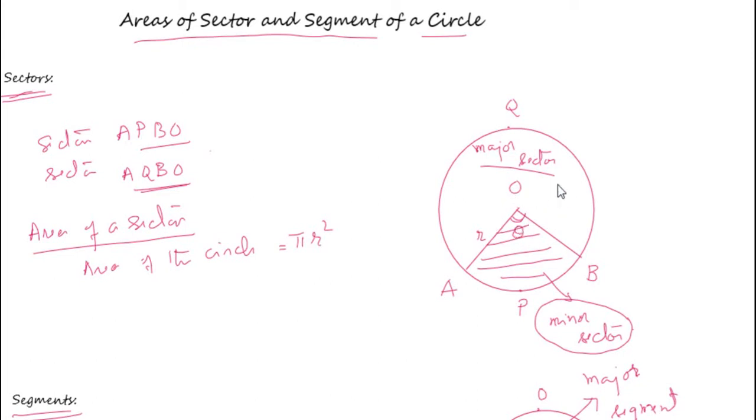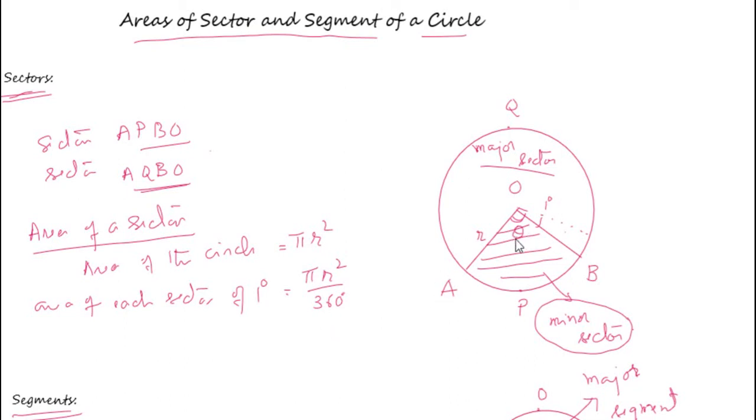Now if we divide this entire circle into 360 sectors of 1 degree each, then the area of each sector of 1 degree is equal to pi r square divided by 360.